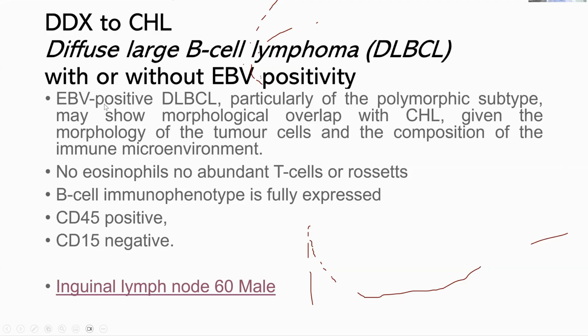The EBV positivity will just add to this confusion with classic Hodgkin's lymphoma. However, how you differentiate between these two entities: there will be no eosinophils, no abundant T cells or rosettes. There will be technically a diffuse population of B cells, and the B-cell immunophenotype is fully expressed. They will be CD45 positive and CD15 negative.